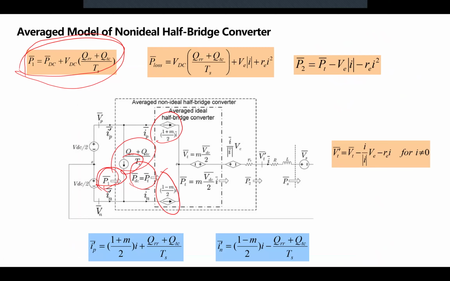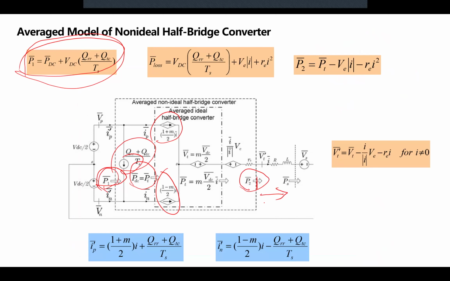Okay? Now we are entering our inverter. We have a certain amount of drop in our inverter, and P2 becomes what we get to the AC part as our output of our inverter.